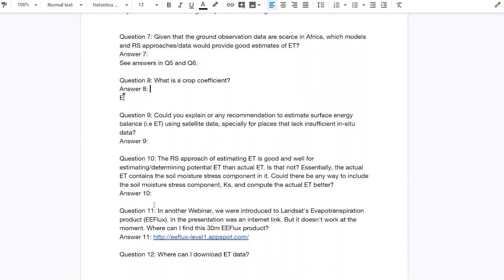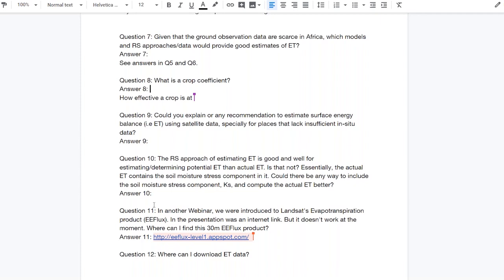So it's essentially how effective a crop is at producing transpiration. Because some crops use more water and some crops use less water, that's why we have crop coefficients to represent those changes in water use dynamics across crops. So I think that's probably the best way of looking at it.